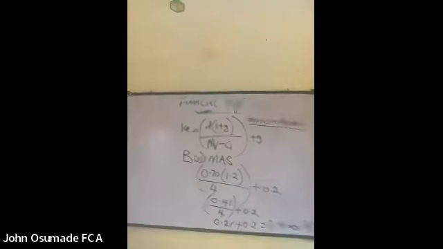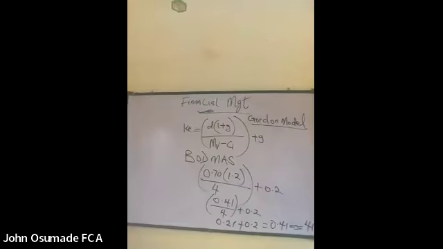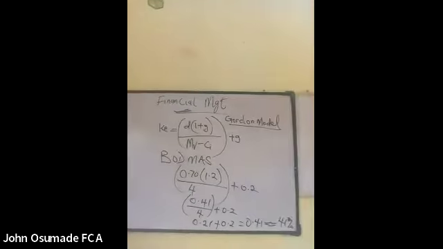That will be 0.21, which is that small bracket, the big bracket. 0.41 divided by 4 gives 0.21, plus 0.2 will give you 0.41. And that will give us 41%.